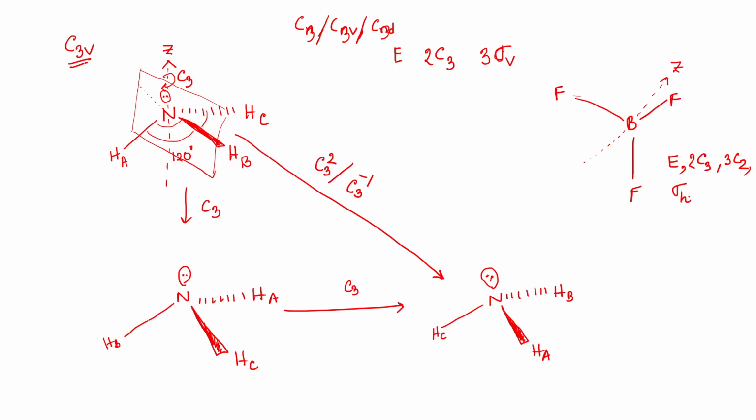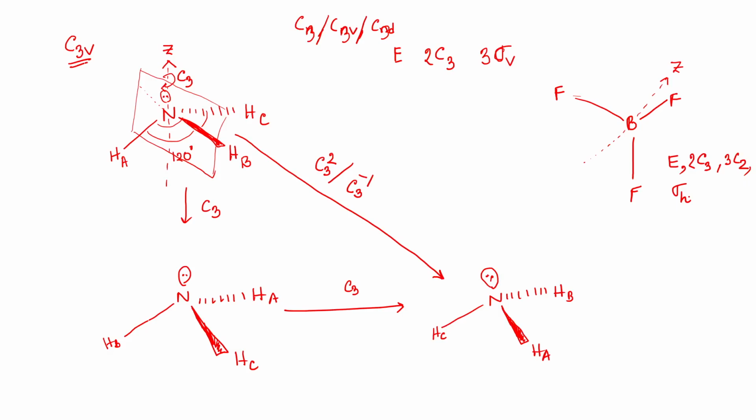That is not sigma xz, that is going to be sigma xy, since z is pointing towards us. I was saying sigma h. True, you are correct. So you have sigma h also. What else do you have here?